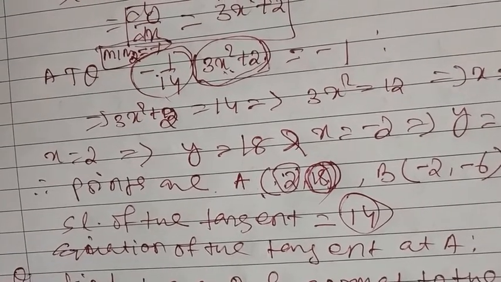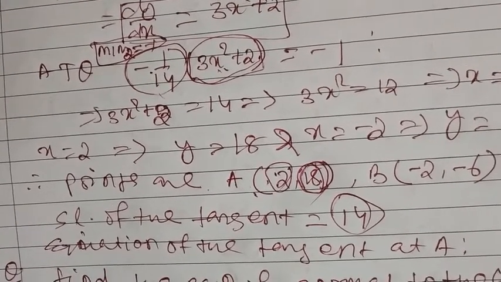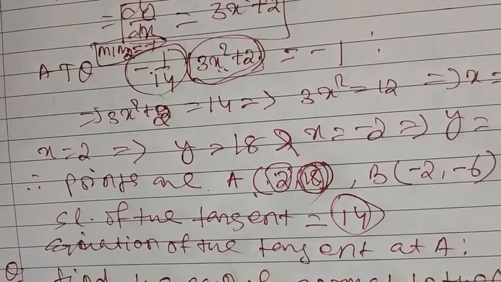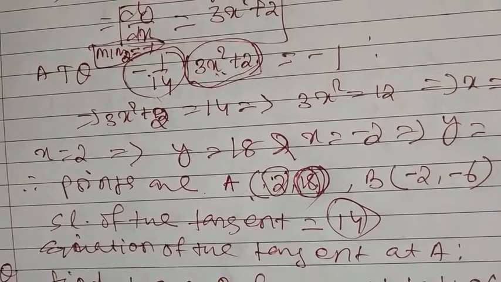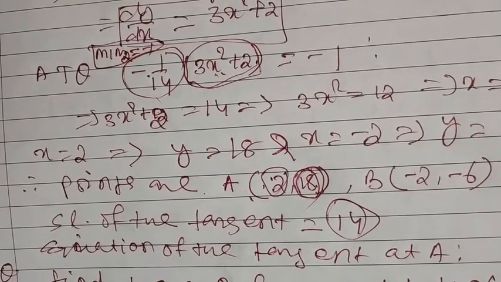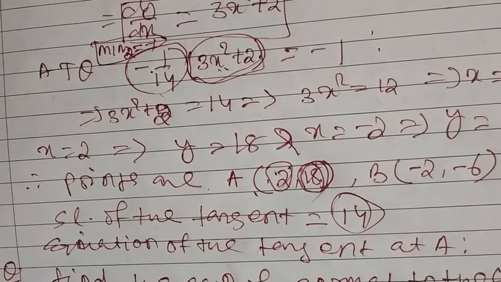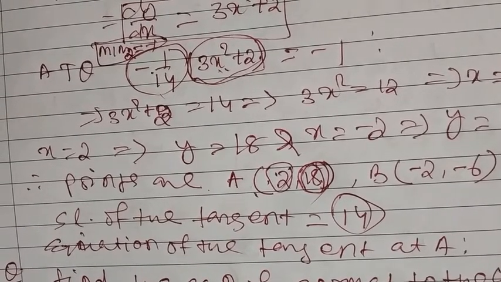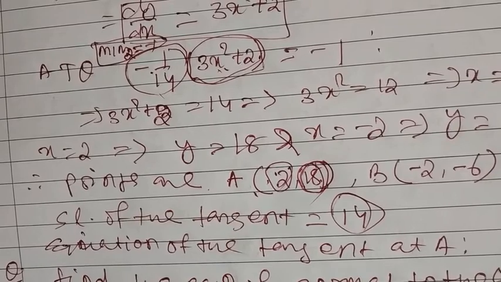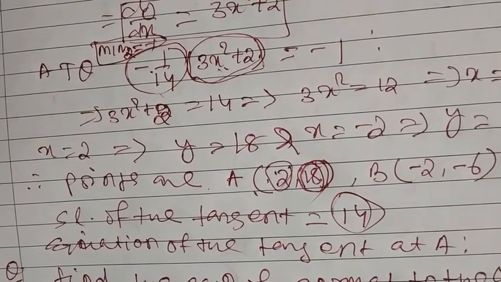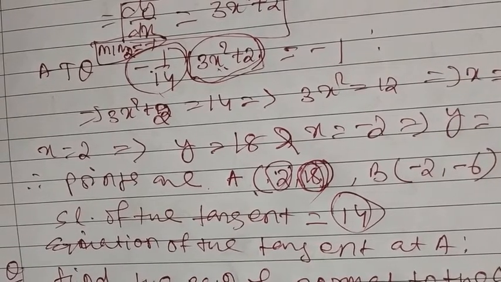Now, so let the point of contact be, you may take (x1, y1), you may take (h, k). So if this is point of contact, this point lies on the curve or not. Therefore, h square equal to 4k.